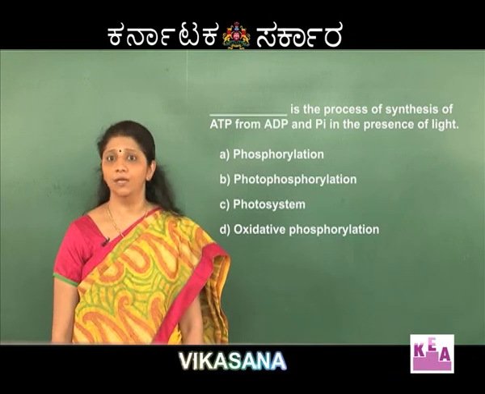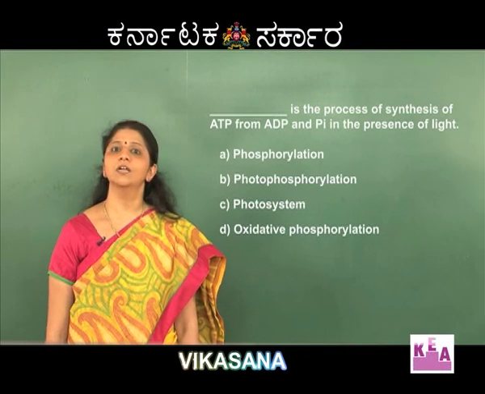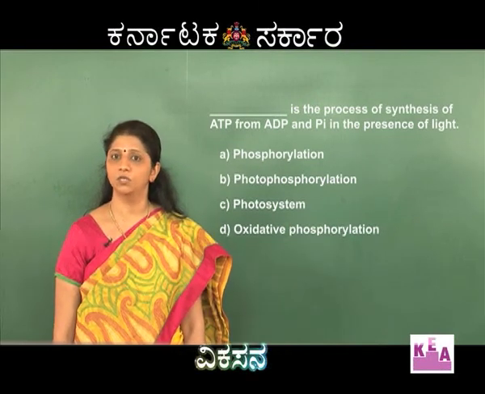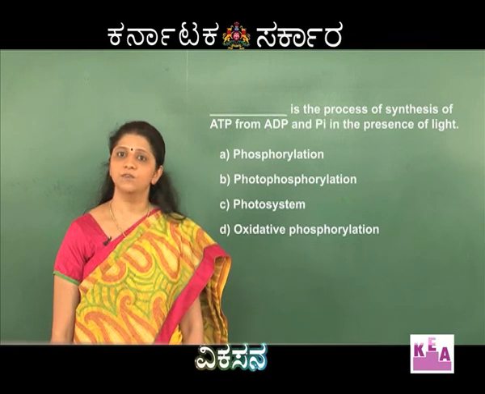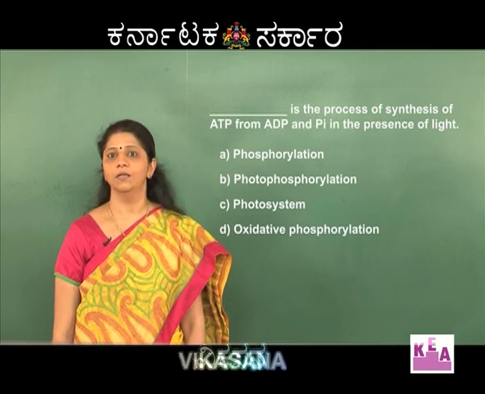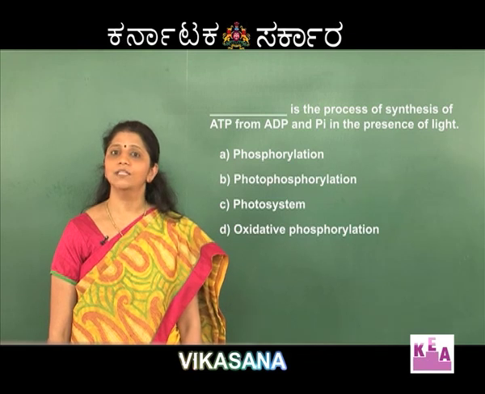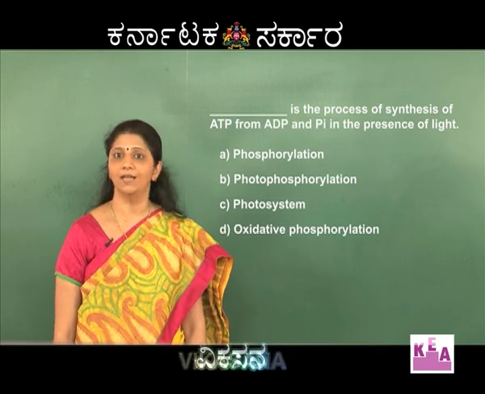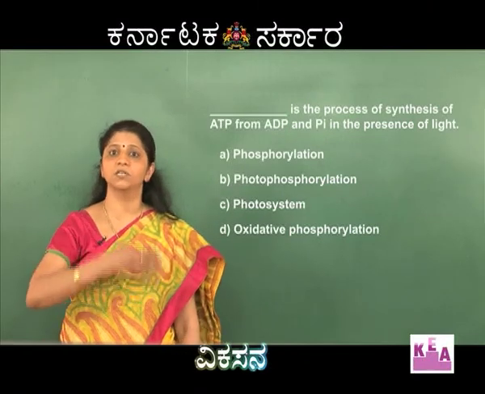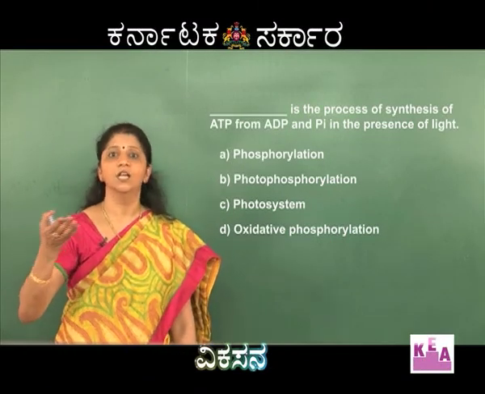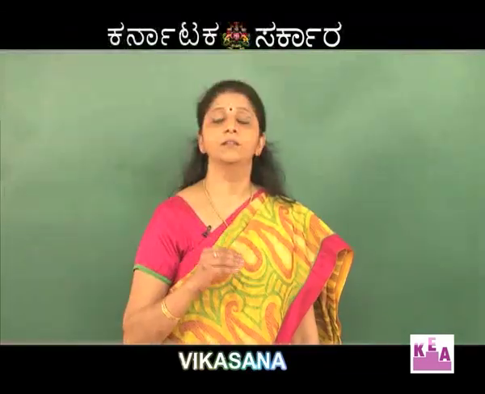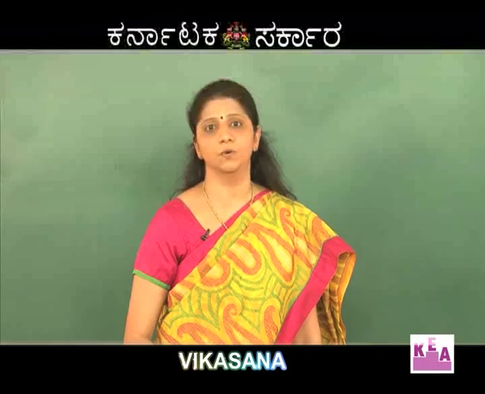Of course, that is not in the options, but it also takes place during respiration, in the Krebs cycle, when succinyl coenzyme A is oxidized to succinic acid. At that time, when one substrate is changing into another substrate, phosphorylation takes place with the released energy, and this is called substrate level phosphorylation.